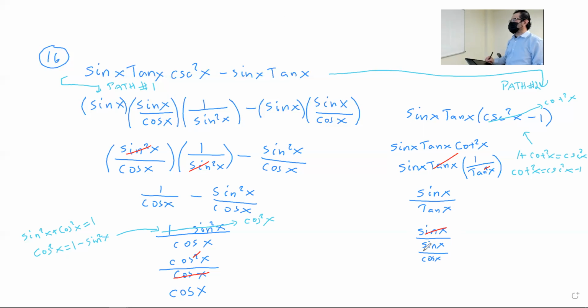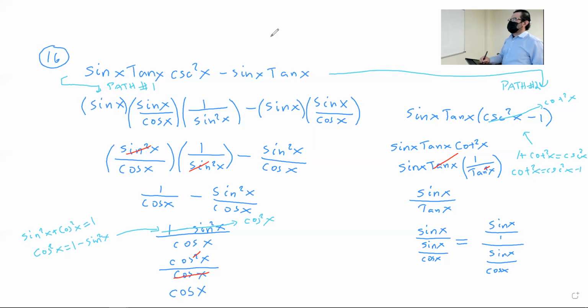Let me do it this way. This is the same as having sine of x divided by 1 divided by sine of x divided by cosine of x.